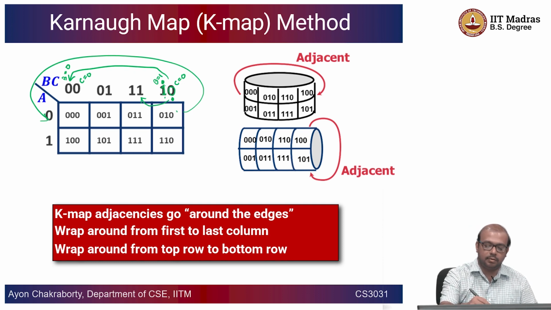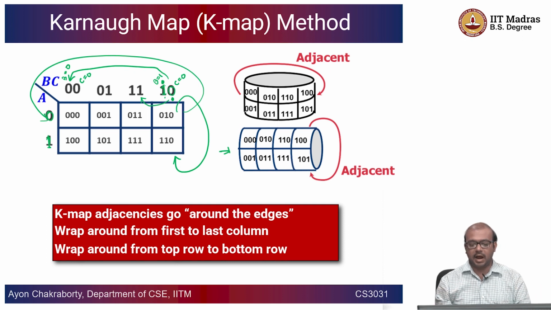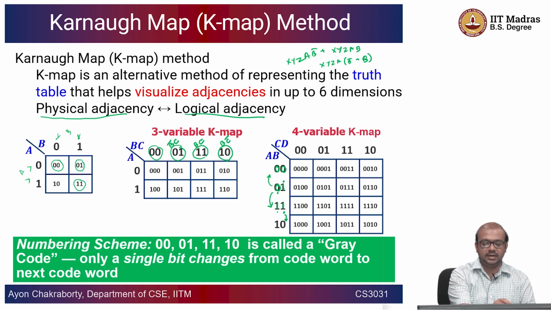Similarly, you can also do it like this, which is shown in the figure here. If you look at this term, top and bottom, 0 and 1, they are adjacent to each other. It will become more clear in larger K-maps, but the way we group terms together is not only just adjacent or these physical neighbors.